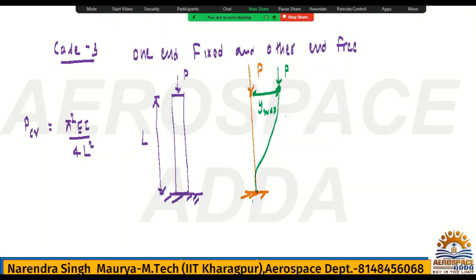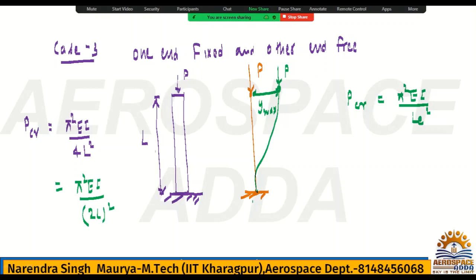Now, the standard formula you have is PCR equal to pi square EI divided by LE square. If you compare these two, here you can write pi square EI divided by 2L whole square. So what is LE? LE is nothing but 2L.